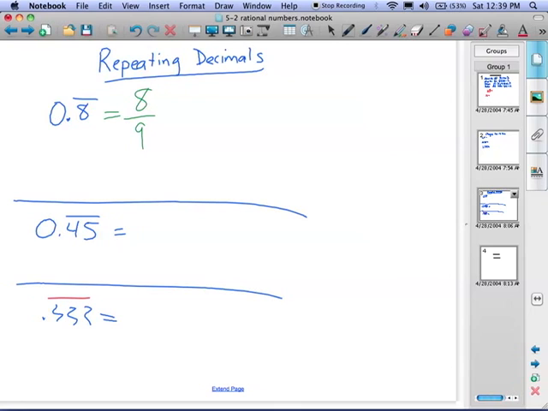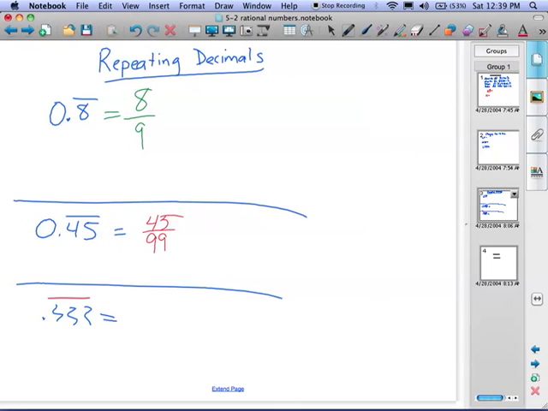We can expand that because we have 45/100ths with a line over it. It repeats. So instead of being 45/9, we'll make it over 99. You should notice that we are subtracting 1 unit away from what the denominator is supposed to be.